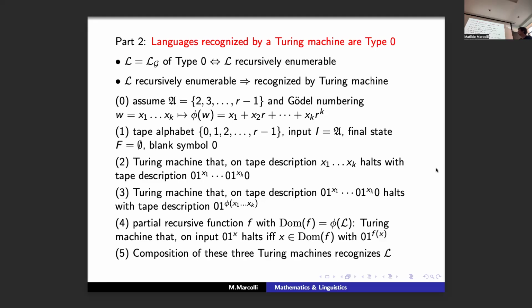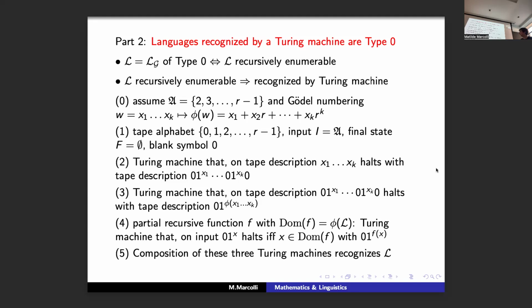You can also translate things into sequences of zeros and ones, in the sense that you can assign to a tape description a machine that, given a tape description, outputs a new tape description that encodes this in terms of zeros and ones, and encodes the corresponding Gödel numbering of a sequence in this way.